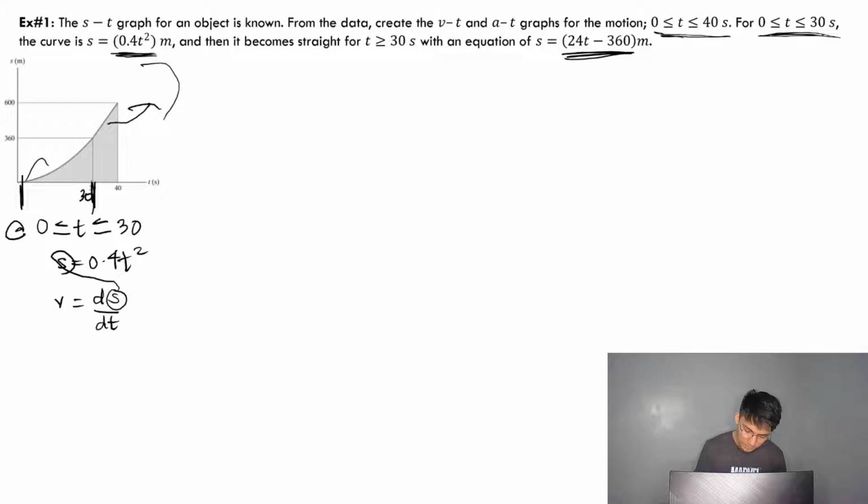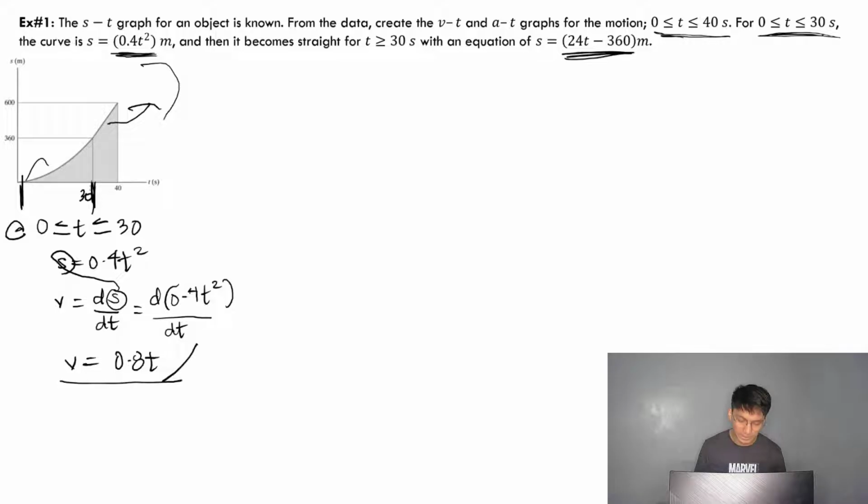So, this is now the derivative of 0.4t square over dt. Now, simple lang gagawin natin. We differentiate. Derivative of 0.4t square, we have 0.8t. Now, ito yung ating equation for the velocity.